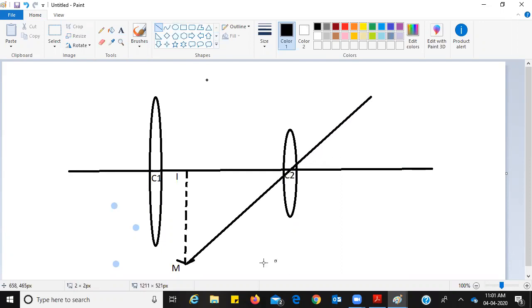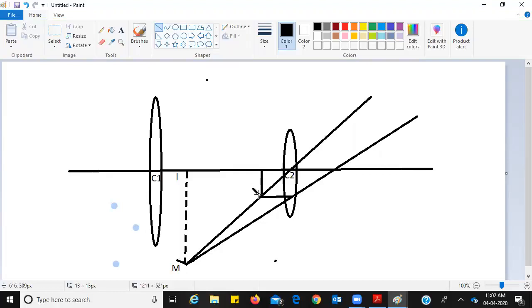Then from the second line, from that vertical axis, you draw a parallel line which meets the first line, and that point will be where the object of the eye lens is placed.